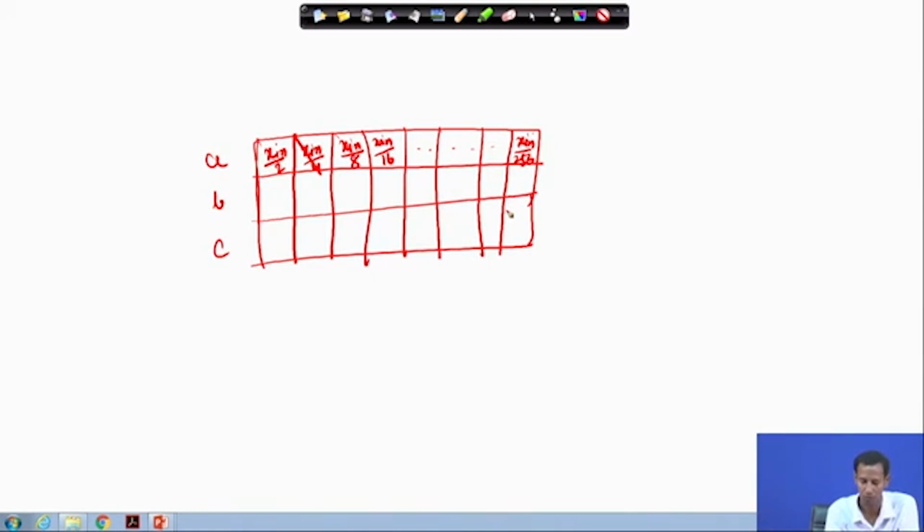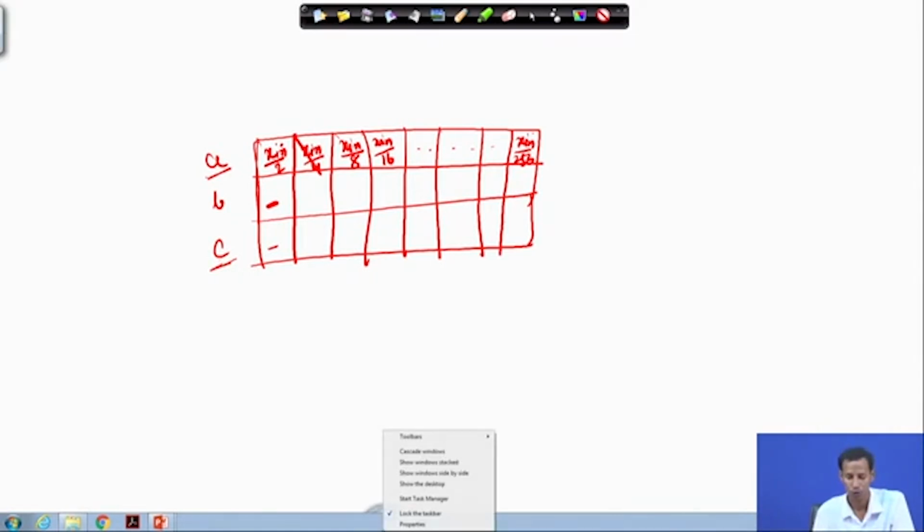For each of these positions, this is multiplied with the corresponding bits of A. This particular position is multiplied with the corresponding bit position of B. This is bitwise ANDed with each of the bits of C. So, this now forms one 2-dimensional matrix.